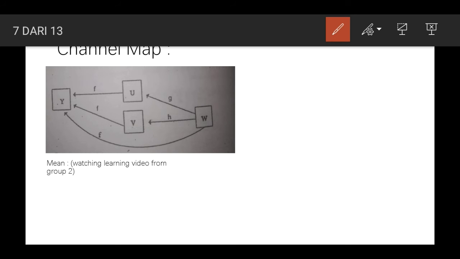The meaning of the channel map is that the independent variable w affects y through three channels. The first is indirectly through function g, then function f.